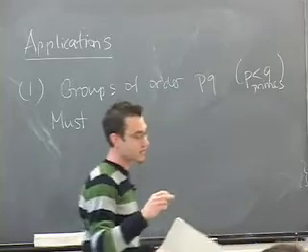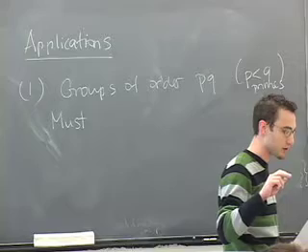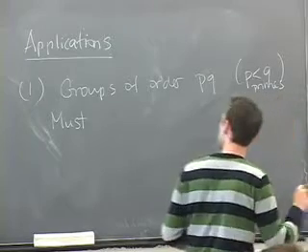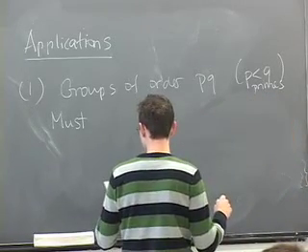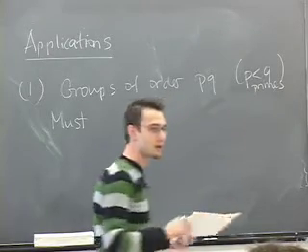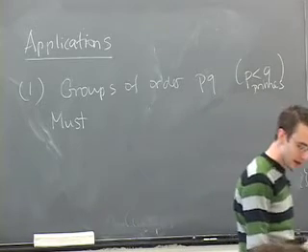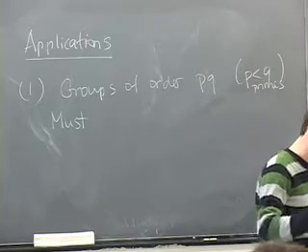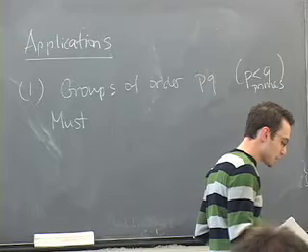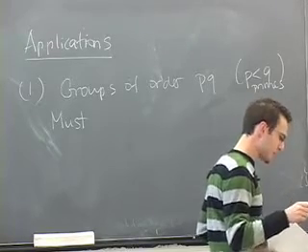So the number of Sylow q subgroups is congruent to 1 mod q and divides p. So it's either q or 1, and we take the more restrictive one. Right. So it is q.